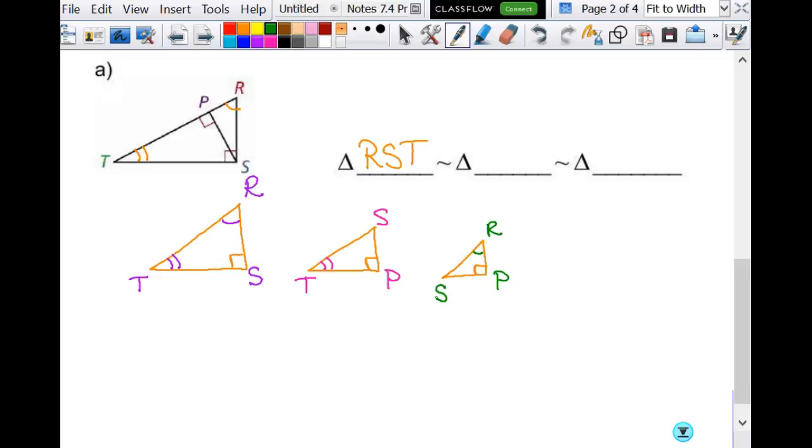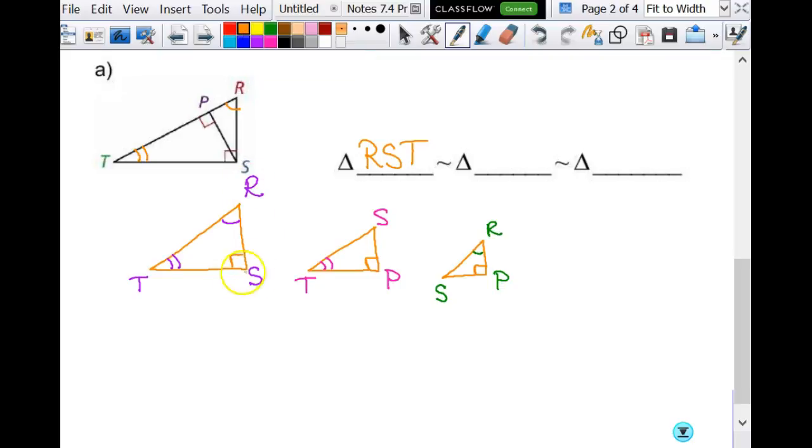So you can see again that these are similar by angle. These two angles are congruent to these two angles, therefore these two are similar. These two angles are congruent to these two, therefore these two triangles are similar by angle. And then you can use the transitive property to say that they're all similar to each other. But since I drew them where they're all facing the same way, it makes it way easier to do corresponding pieces.